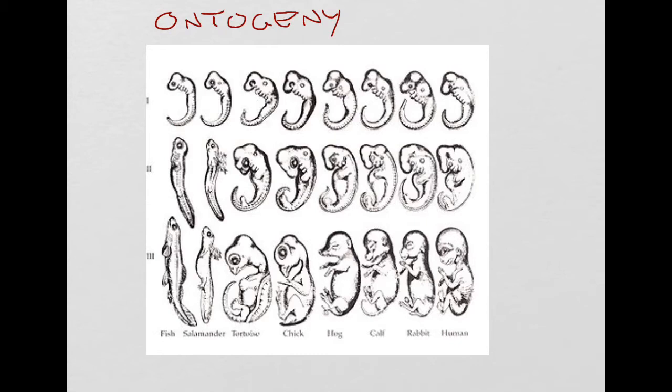Once they develop a little further in the womb, they start to diverge significantly. But the incredible similarities in the very early stages of development are an indication of a shared ancestry, despite the fact that the completely mature organisms look very different from one another.